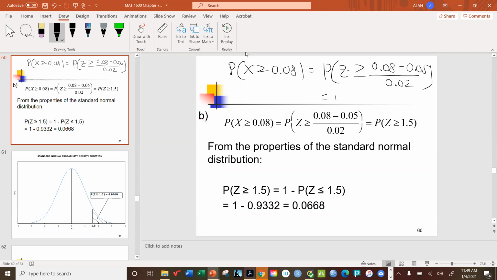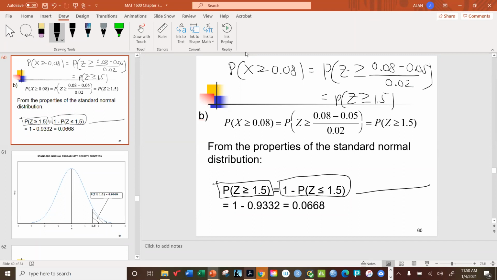So this is the same as Z being greater than 1.5, or 1.5 standard deviations above the mean. That we cannot look up in our table directly. So we resort to this wonderful property where what we have to do is instead look up all of this and subtract it from 1.